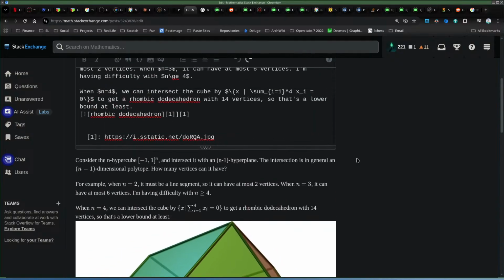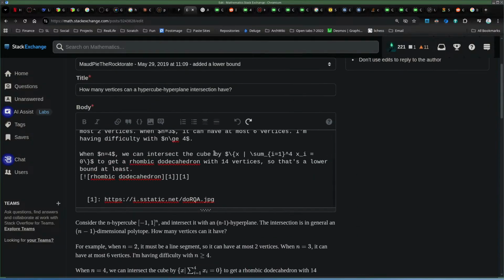Yeah, okay, so... Edit. This is not true. The maximum is 12.